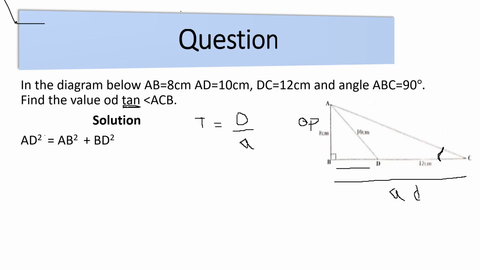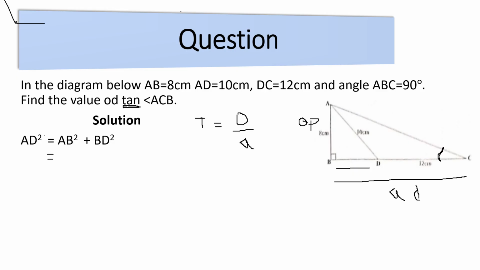How do we find that one? That's why I have a formula for Pythagoras theorem. Pythagoras theorem states that the hypotenuse squared is equal to the sum of the squares of the other two sides.